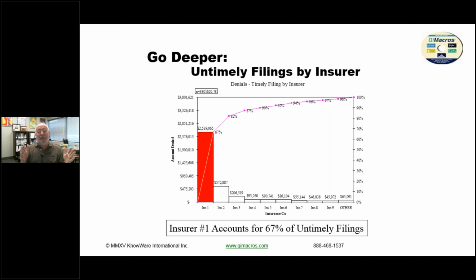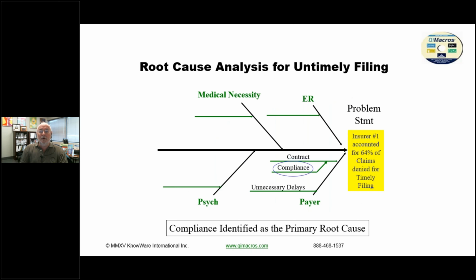But what happened was, I showed it to them and they said, oh my gosh, really? And they were able to do some root cause analysis. Another nice thing about this is once you narrow it down like this, your fishbone diagram isn't very complicated. You don't get whalebone diagrams.